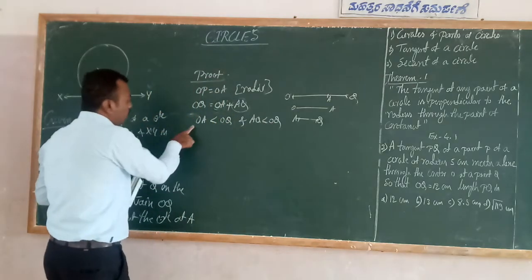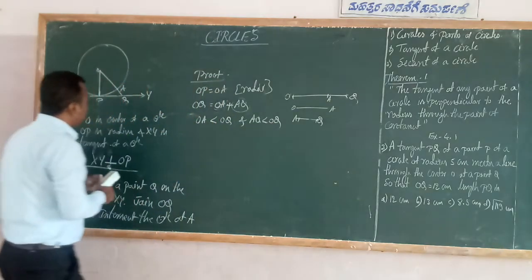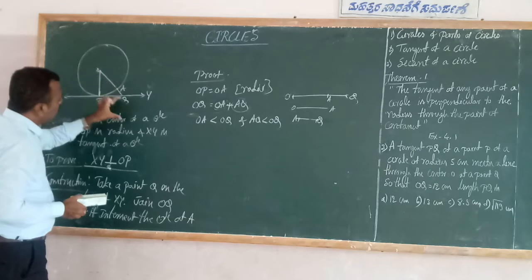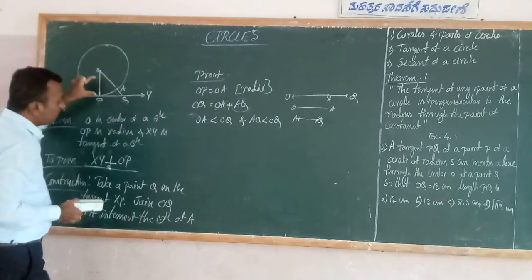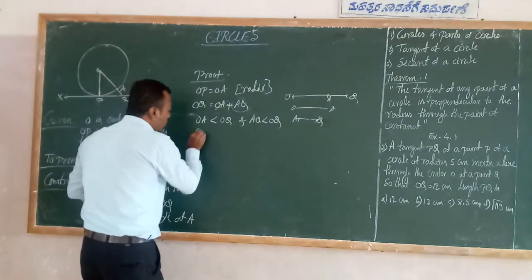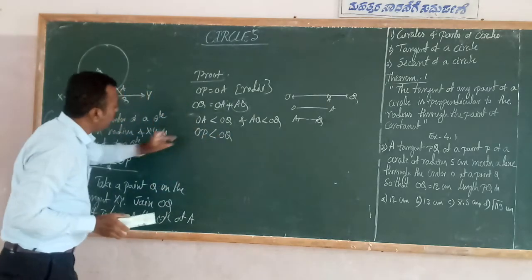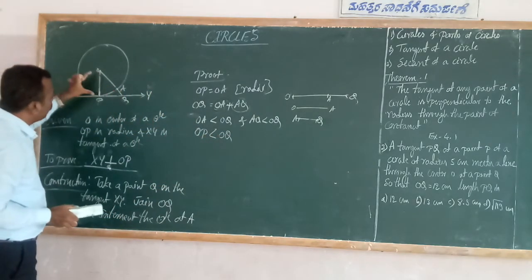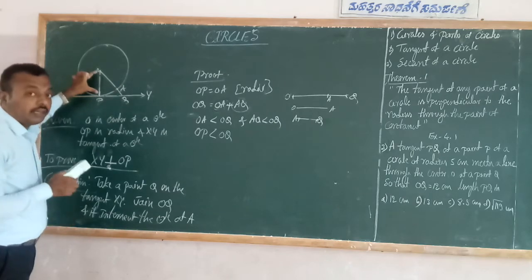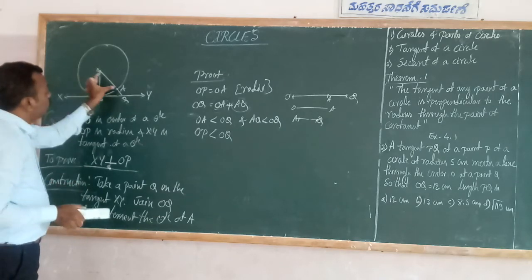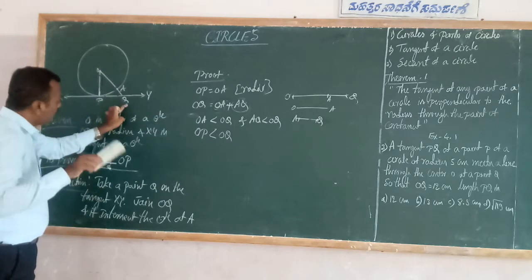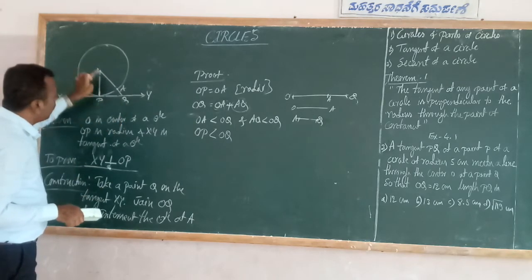See, OA is less than OQ, and OP is also less than OQ, because OA and OP are both the same, being radii of a circle. That's why OA is less than OQ as well as OP is also less than OQ.